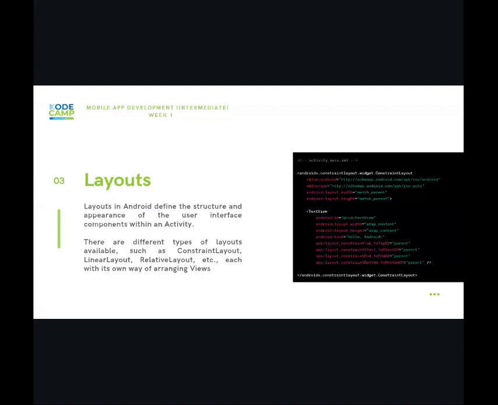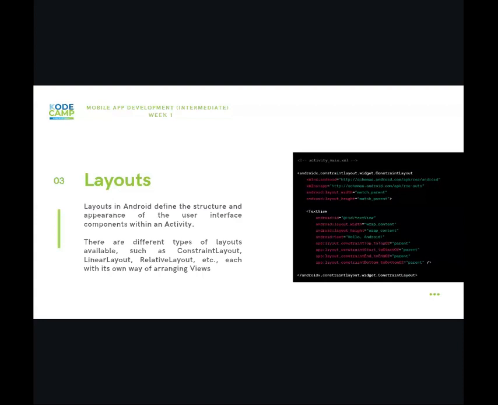But all through this code camp, we're not going to use linear or relative layouts. We'll basically focus on constraint layouts because it's a very powerful layout to make use of.